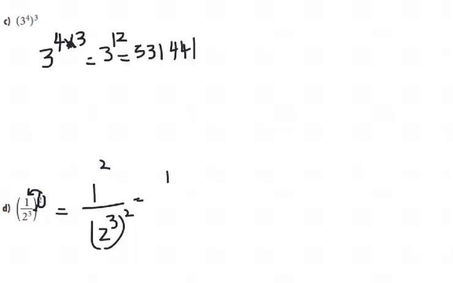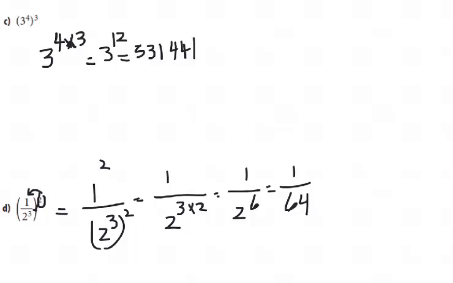Number 1 exponent any number is going to give you 1. 2 exponent 3, all exponent 2, becomes 2 exponent 3 times 2, so we have 1 over 2 exponent 6. Now 2 exponent 6 is going to give you 64. So this one is 1 over 64.